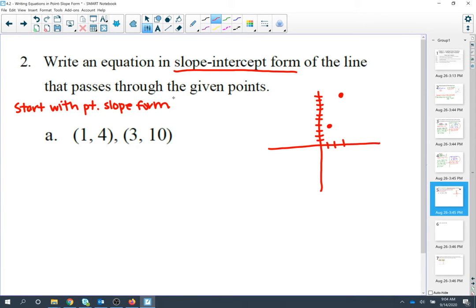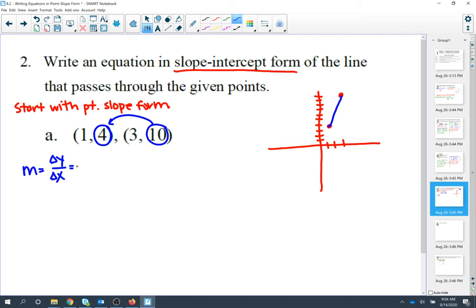So no matter which form I'm doing, the first thing we're going to need is the slope of this line. So between these 2 points, I need to know how much am I rising and how much am I running. So our slope is our change in y over change in x. If I want my change in y, there's my y values. I'm going to circle them.